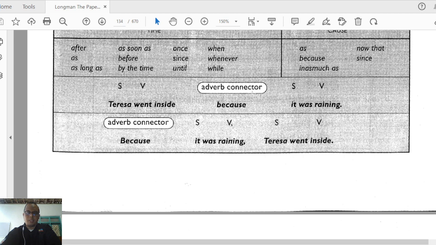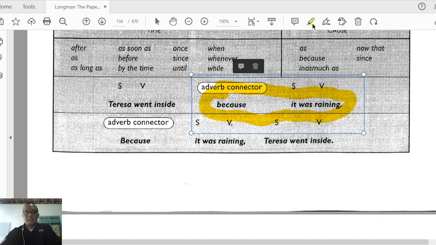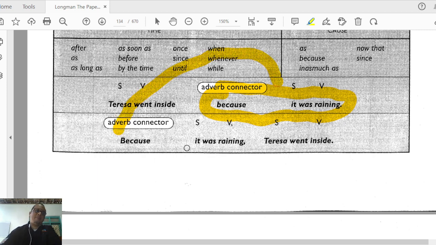Jadi bentuk pengubahannya kalau dia ingin di depan, klausa yang ada because it was raining ini pindah ke depan, maka menjadi because it was raining.